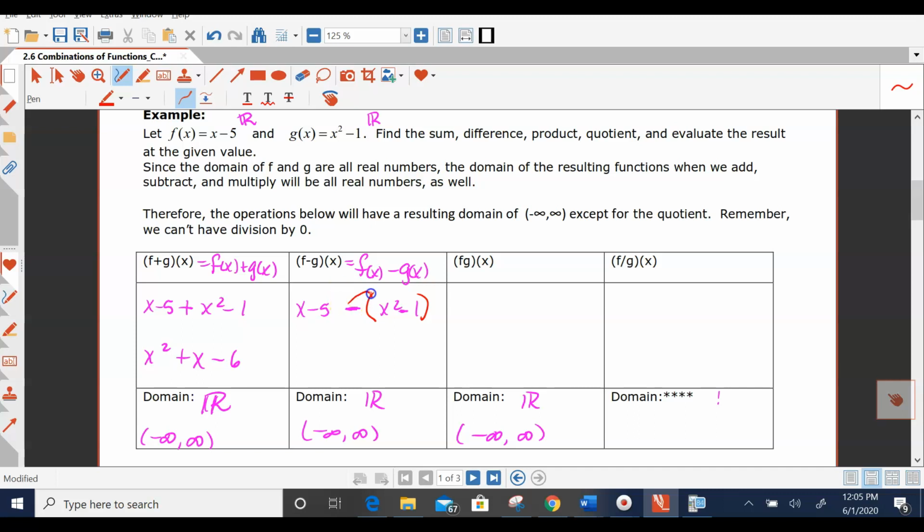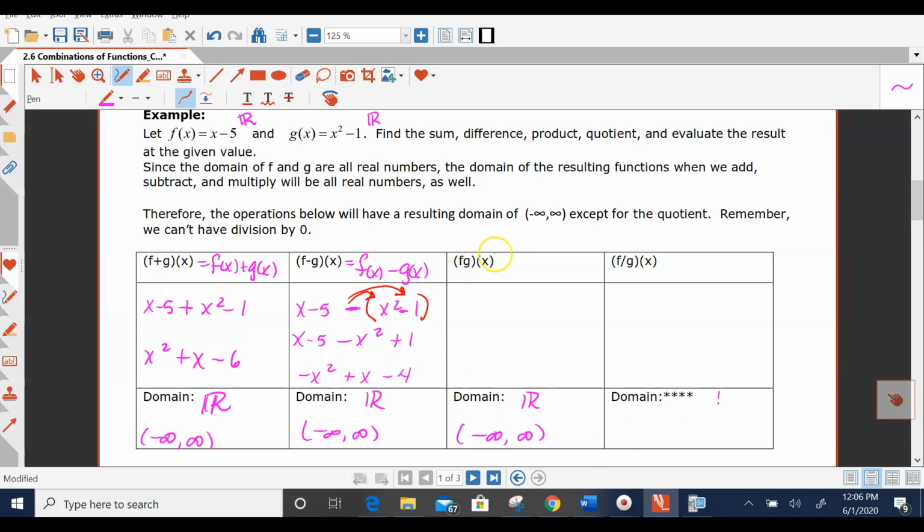You have got to distribute that subtraction to the polynomial that's behind it. Once that's distributed, we'll just combine like terms. x minus 5 minus x squared plus 1. And when I combine like terms, I get negative x squared plus x minus 4. That would be the end result.